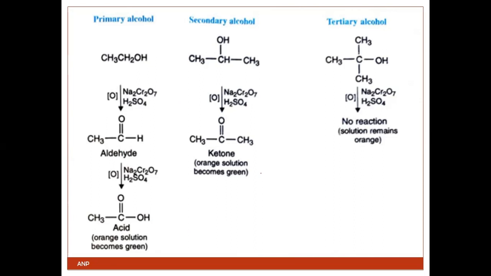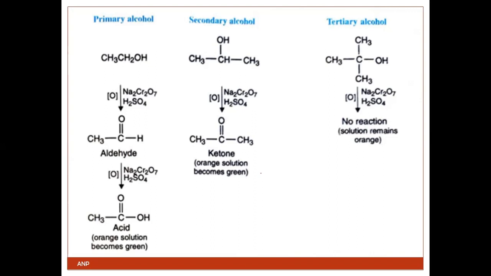This test is based on the fact that different types of alcohols give different products on oxidation. The alcohol is treated at room temperature with sodium dichromate in sulfuric acid. Initially, the color of the reaction mixture is orange. Identification of the product gives the information regarding the type of alcohol.